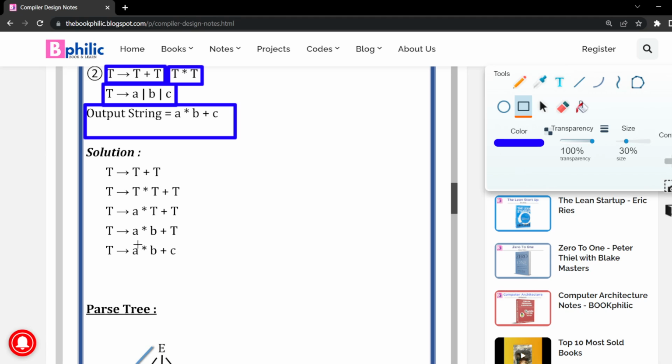So in order to generate this a star b plus c, we will be starting from T plus T, or we can start from T star T as well. In either case you will get the same syntax.